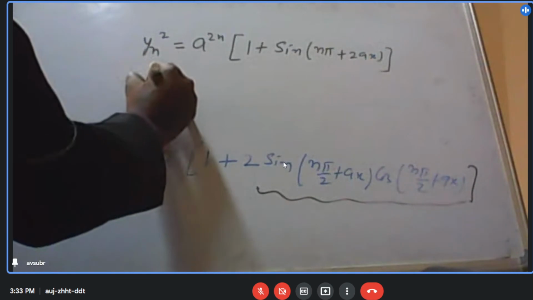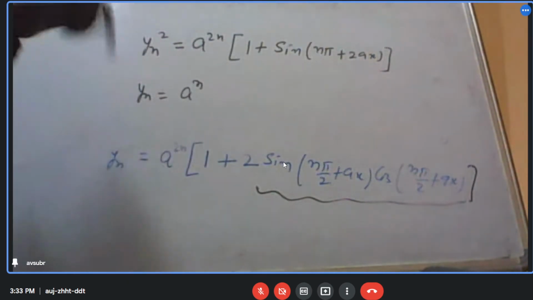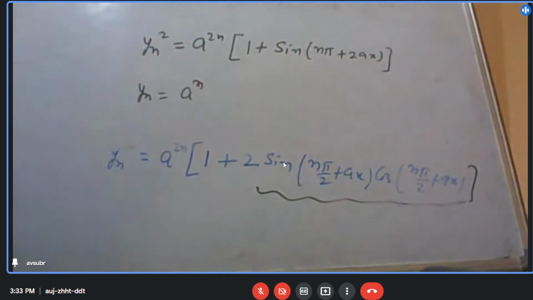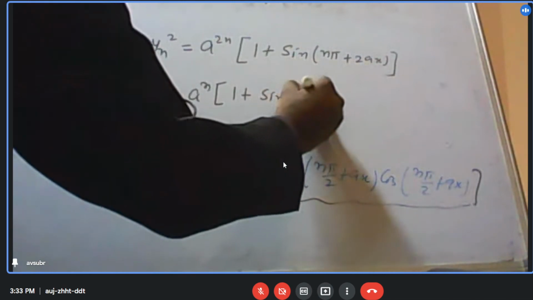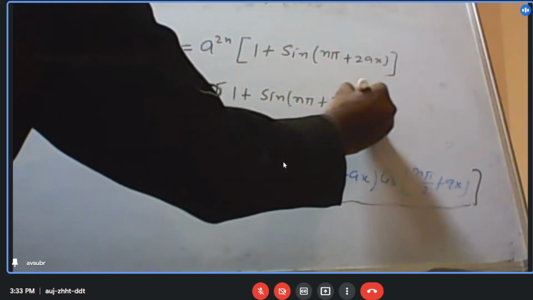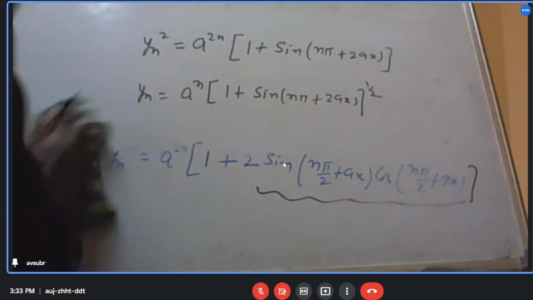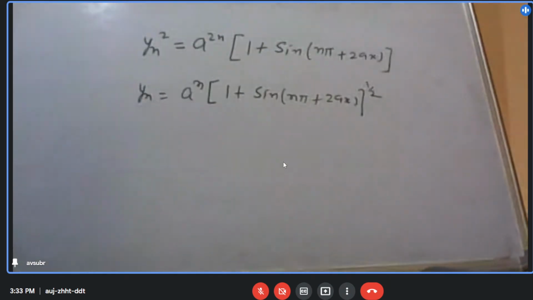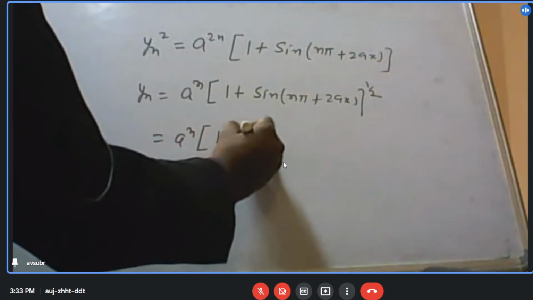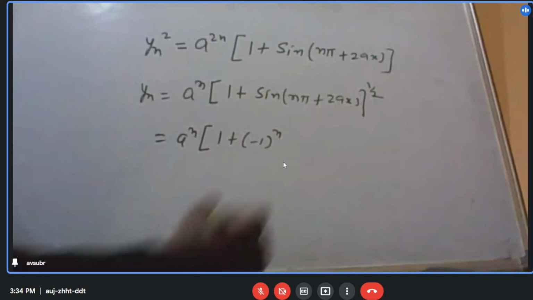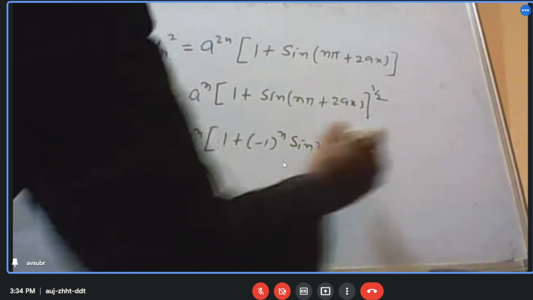Or yn can be written as a to the power n. I had taken the square, now I take the square root on both sides. So a to the power n times (1 plus sin(n pi plus twice of ax)) to the power 1 by 2. We can also write it like this: a to the power n times (1 plus minus 1 to the power n sin twice of ax) to the power half.